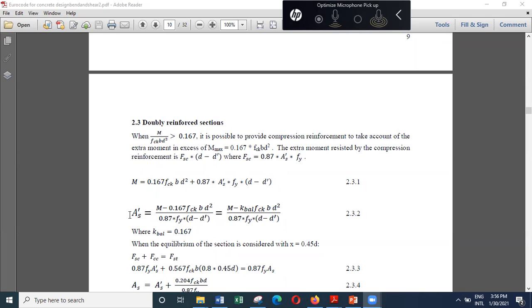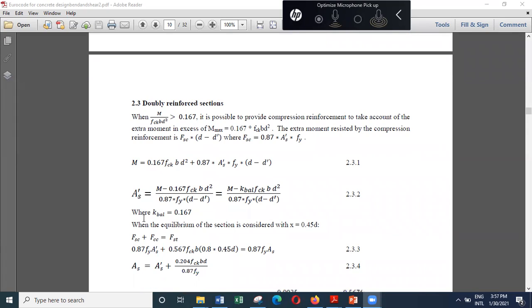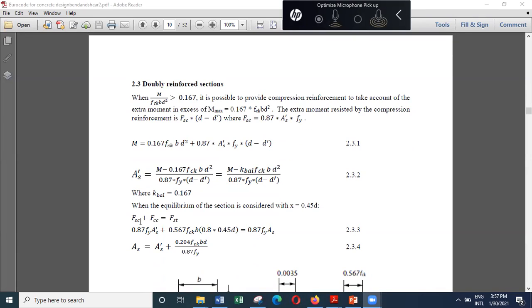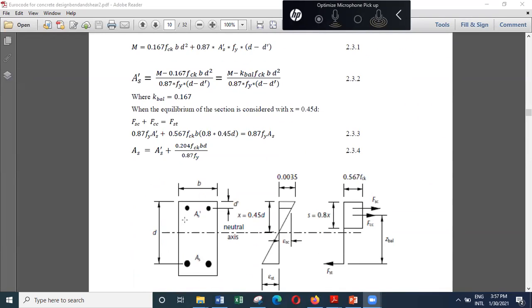And to calculate the amount of reinforcement needed to carry the tension as singly reinforced, we can, if you want, consider the equilibrium of the section. And equilibrium of the section says whatever the horizontal forces should be in equilibrium.